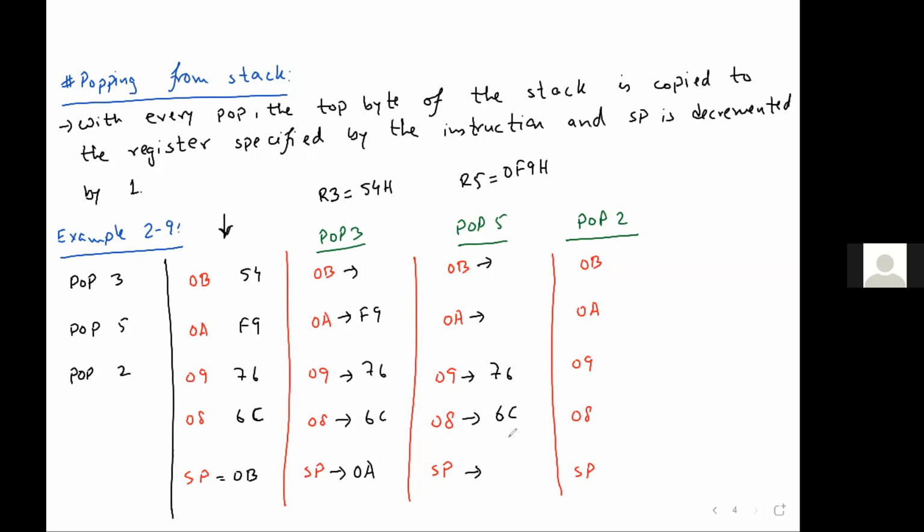And what is the value of stack pointer? 09, very simple. And finally, when we go for pop 2, your R2 will contain what? 76. Exactly, very simple, 76 in hex. And your 08 will still have the value 60, and your stack pointer will have the value 08.